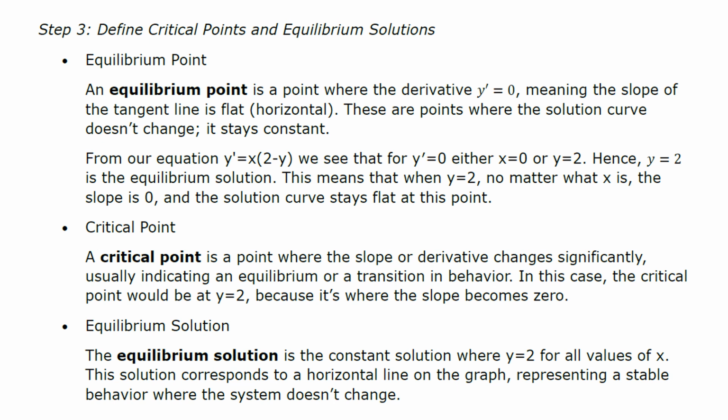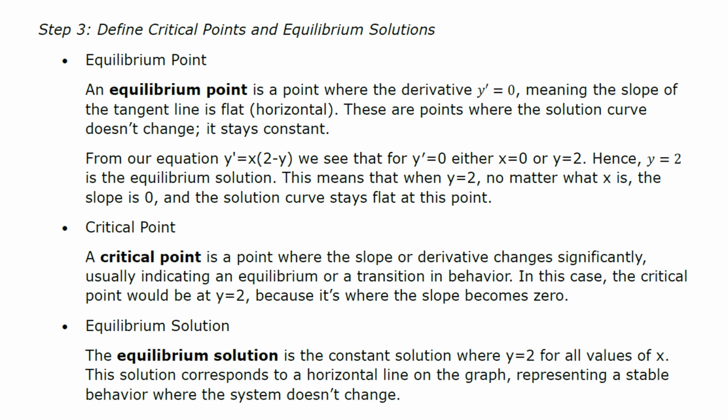So for our DE, y prime equals x times (2 minus y), we can see that for y prime equals 0, either x equals 0 or y equals 2. Hence, y equals 2 is the equilibrium solution. This means that when y equals 2, no matter what x is, the slope is 0 and the solution curve stays flat at this point.